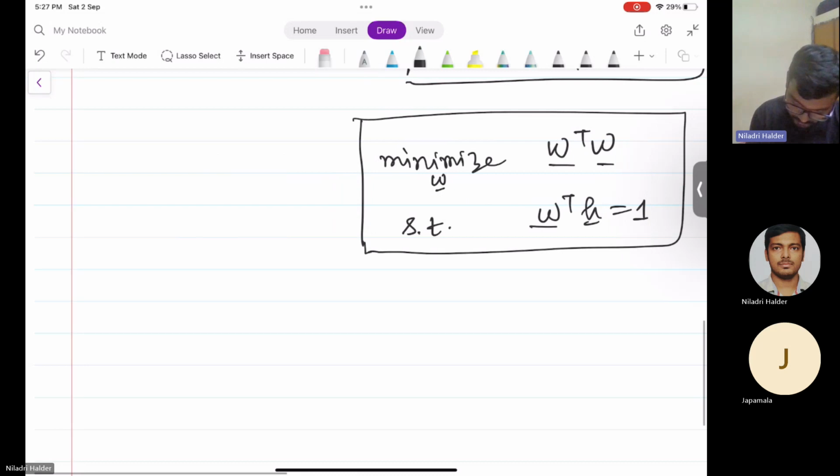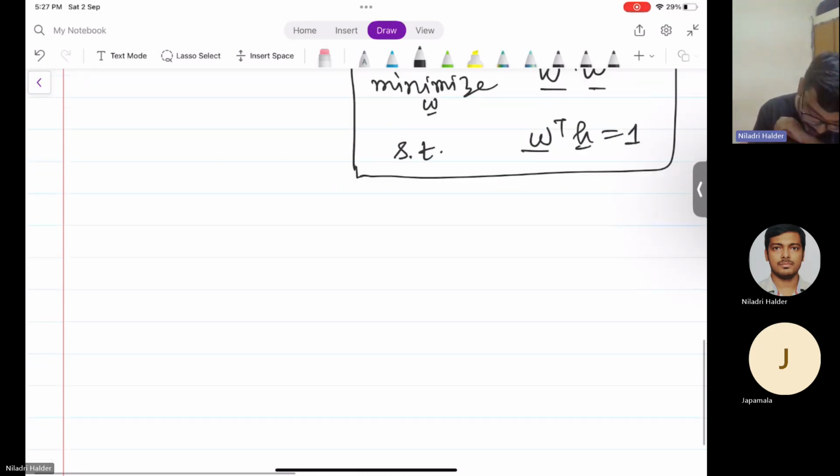Now how to solve it? We will find the Lagrangian.